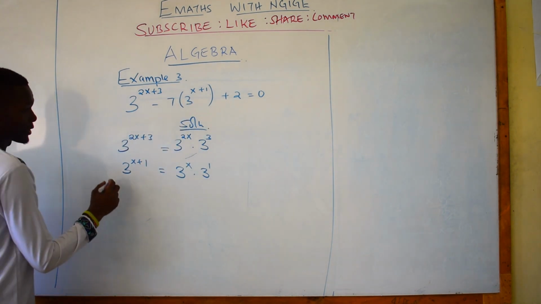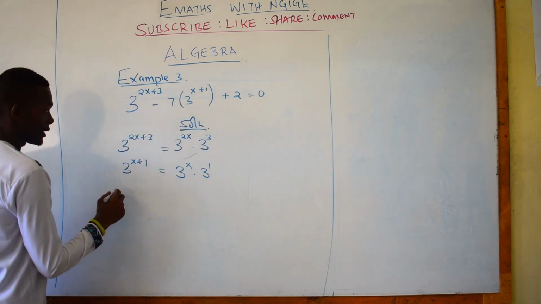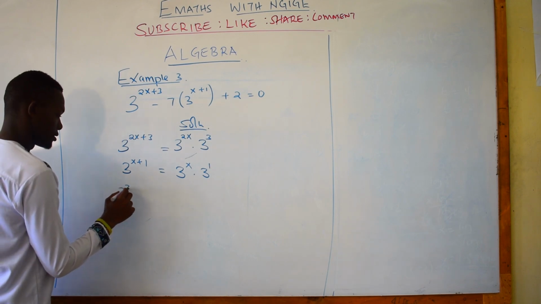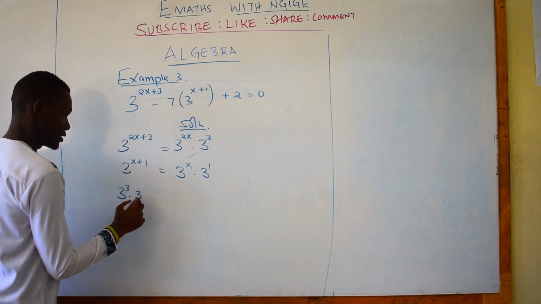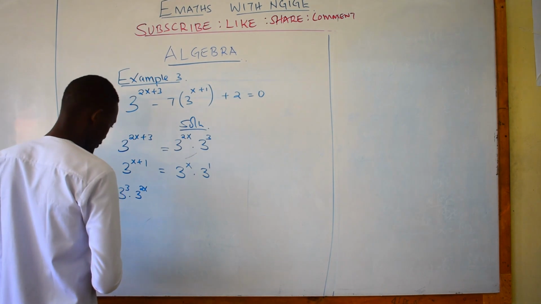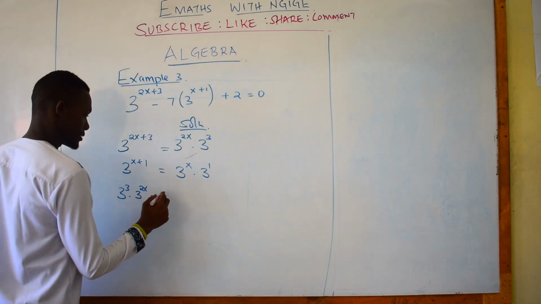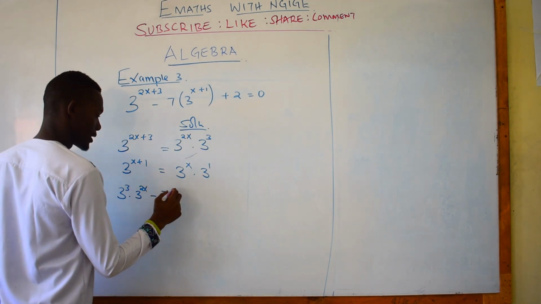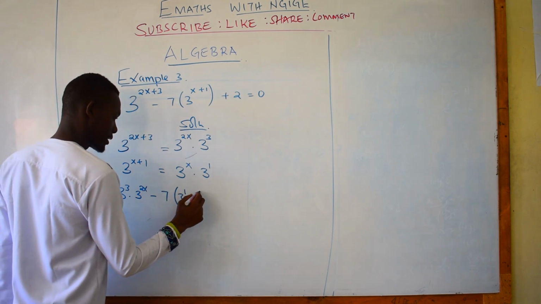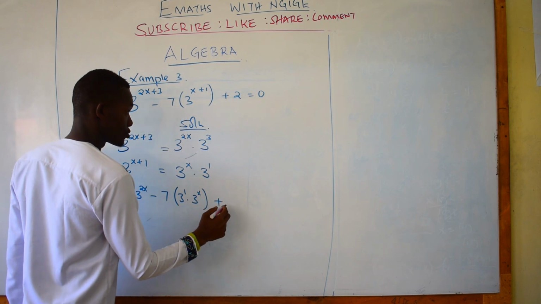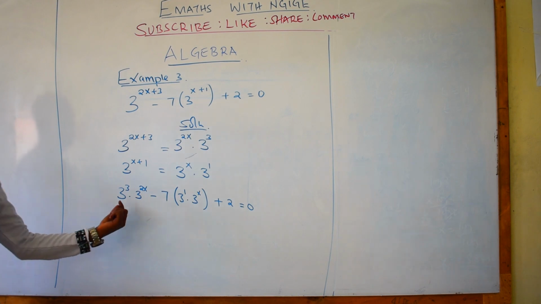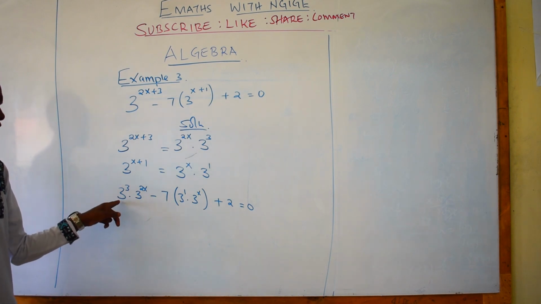Now we have 3 cubed times 3^(2x), just rearranged, then minus 7 times, in brackets, 3 to the power 1 multiplied by 3^x, then plus 2 equals 0.